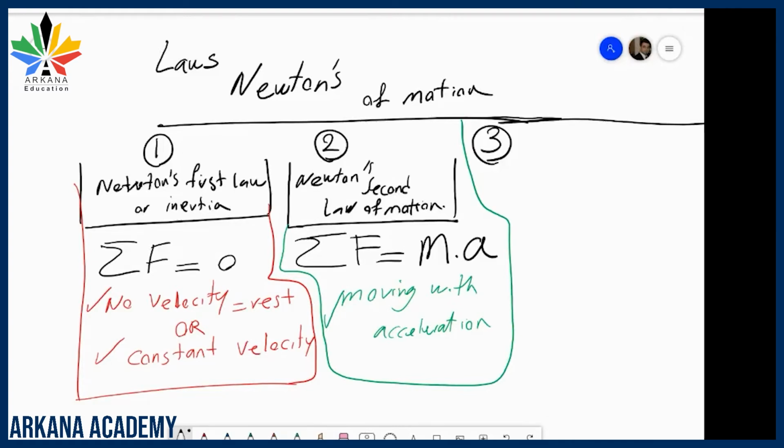The most convenient example that we might have all experienced is if you hit the wall or an object with your hand and apply force. Let's say you punch the wall with a certain amount of force, 10 newtons, 15 newtons, then it feels to you that the wall is also applying a force on your hand, because you start to feel like your hand hurts. Basically, the wall is hurting your hand back.